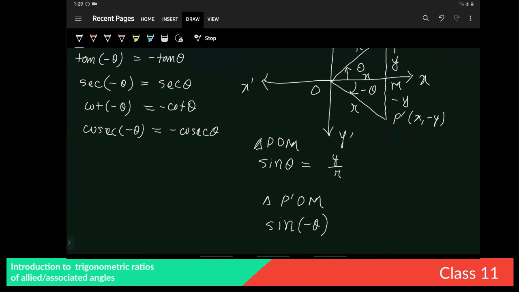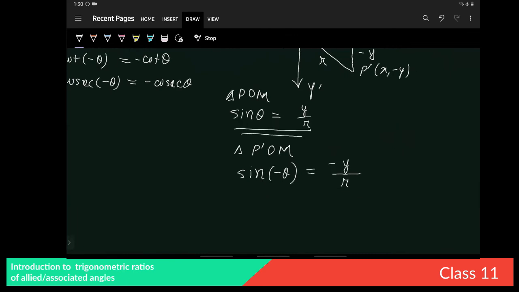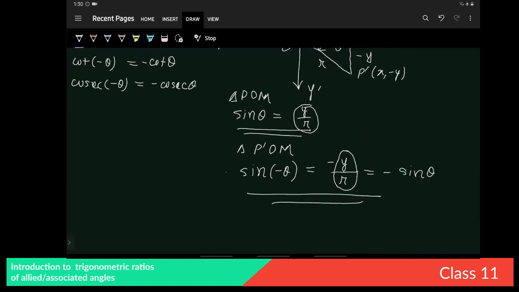The perpendicular in this case is minus y, and r is the hypotenuse. So we can write it as minus y by r. You can very well see that this is actually sine theta with a minus sign, so we can write minus of sine theta. That's why it is given that sine of minus theta is minus sine theta.